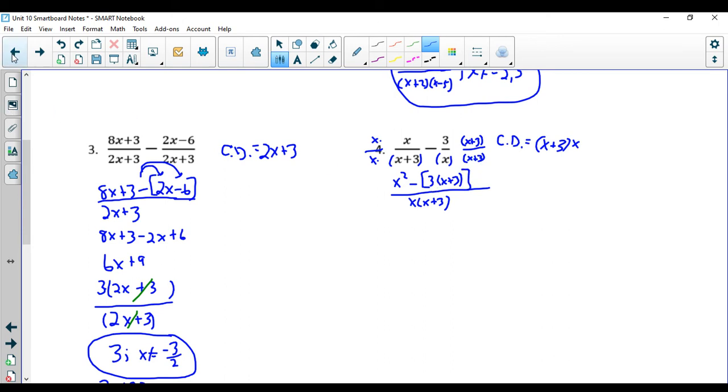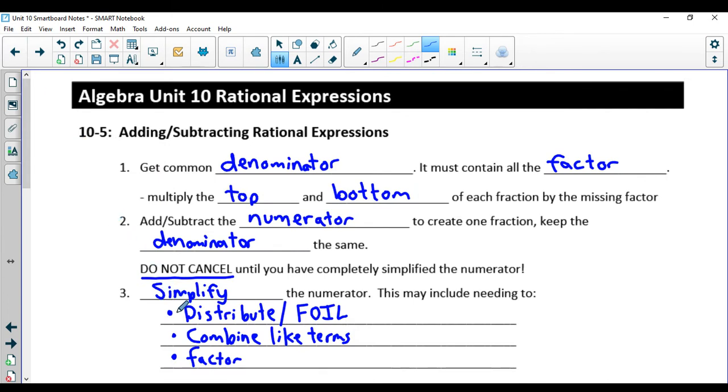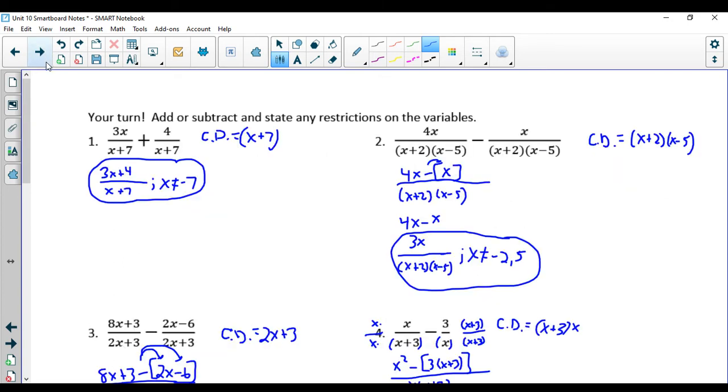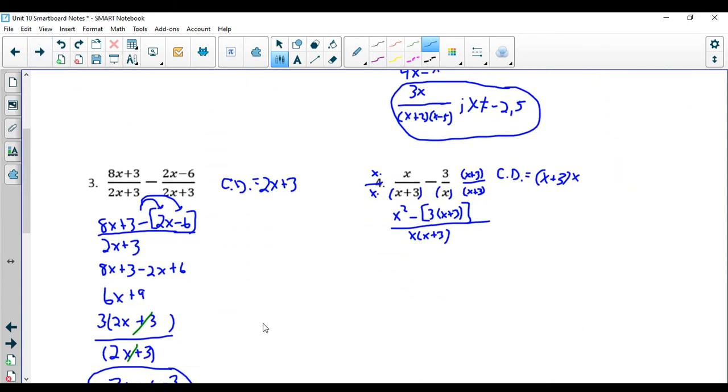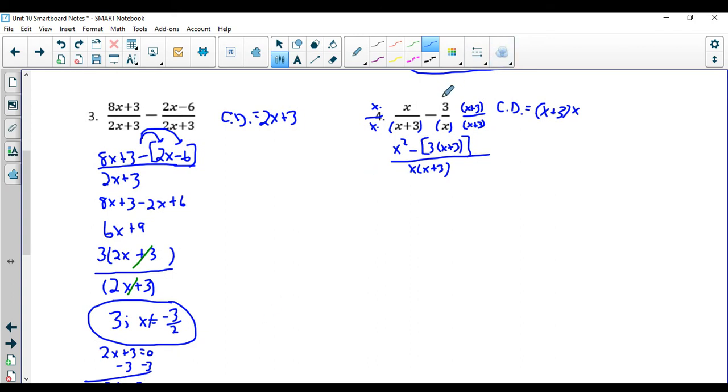So again, we're going back to these simplifying steps now. Distribute and FOIL, combine like terms, factor. First thing I'm going to do is inside the parentheses, distribute the 3. So I get x squared minus 3x, minus in the quantity still.